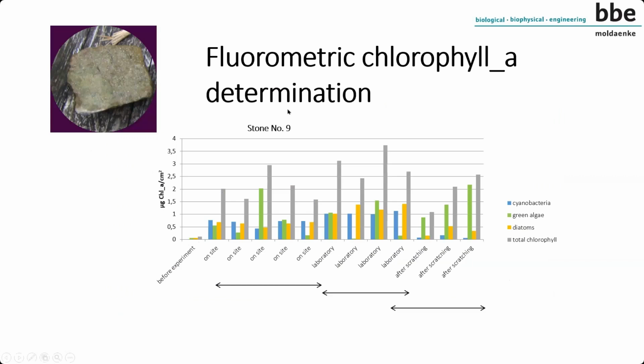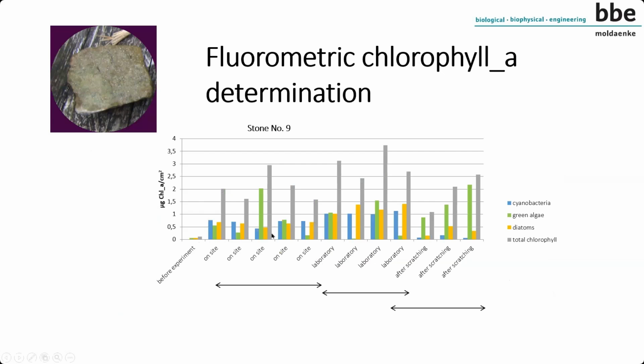I took only one stone here as an example. On site, we measured different places on this stone, and you see that we have some differences. That means it is not evenly distributed on this stone. So you can imagine it really depends where you take the sample when you want to compare to scraping. So it is important to make different measurements, not only one measurement as a reference.